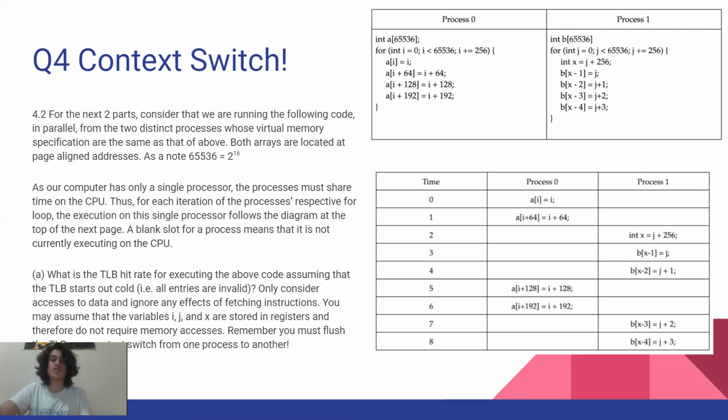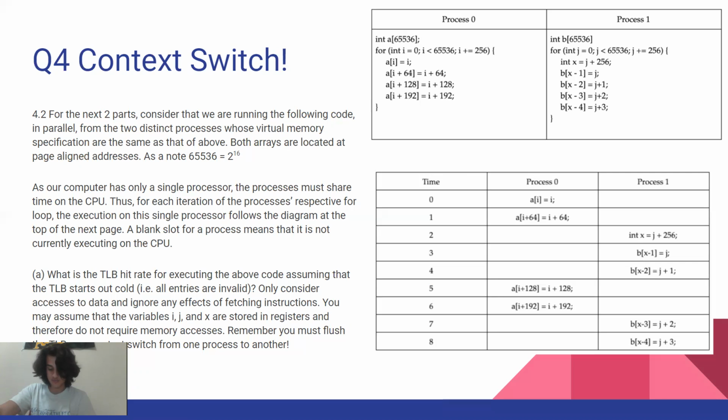For A, what's the TLB hit rate for executing the above code, assuming the TLB starts out cold, only considering accesses to data, and that between context switches we have to flush the TLB. Basically, what we need to know to solve this problem is what will result in a hit after the first one.